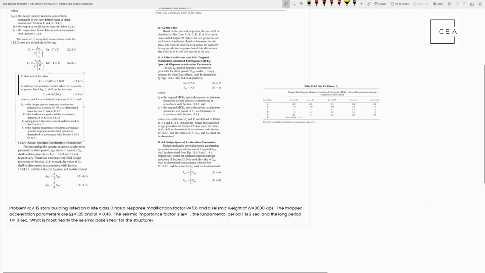Mark, you brought up some good comments about this in some of your studies before. What did you say on that? Yeah, just that those mapped accelerations are always expressed in terms of percent of the acceleration of gravity. And like you were talking about, there are two separate maps, one for the long period, which is the 1 second period, and one for the short period, the S sub S value.